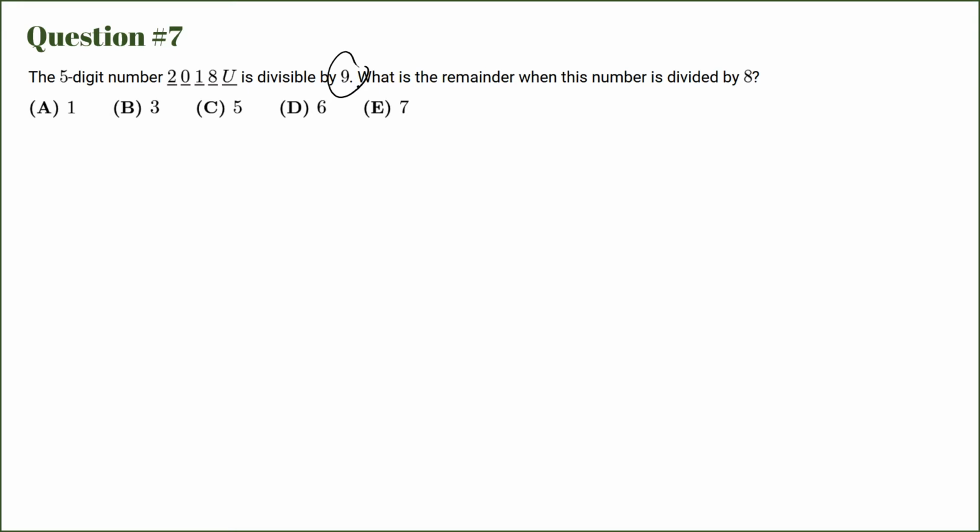So the digit sum of this would be 11 plus U. So U plus 11 has to be divisible by 9. Well, the only way to make this divisible by 9 and still have U be a single digit would be for U to equal 7.